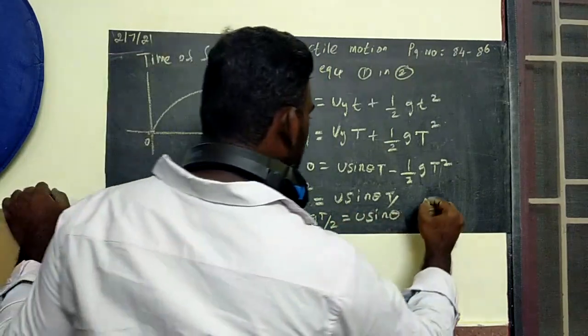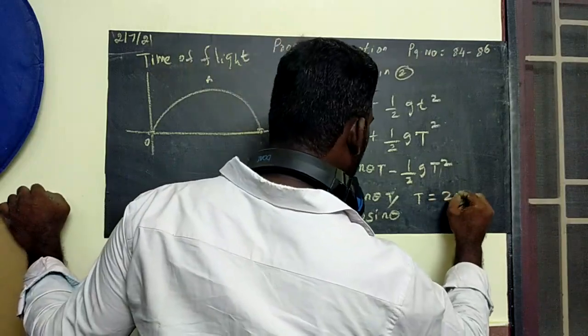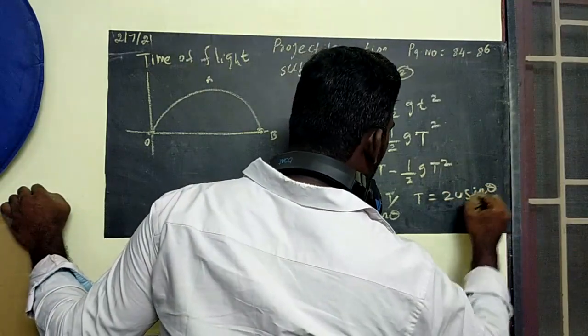So from this, T equals 2u sin theta divided by g.